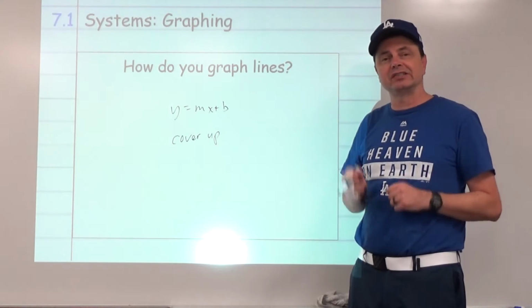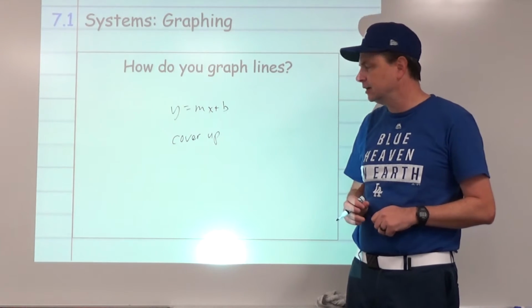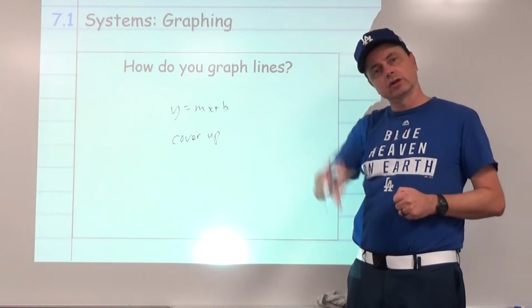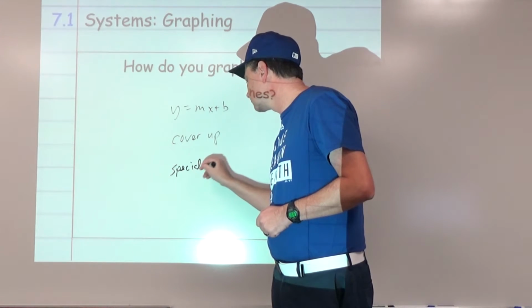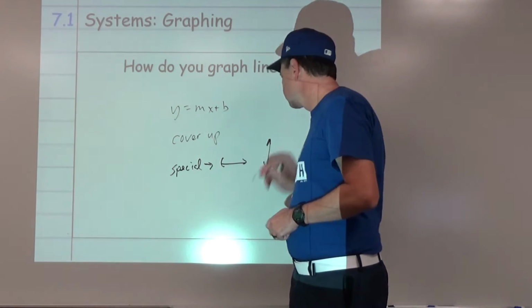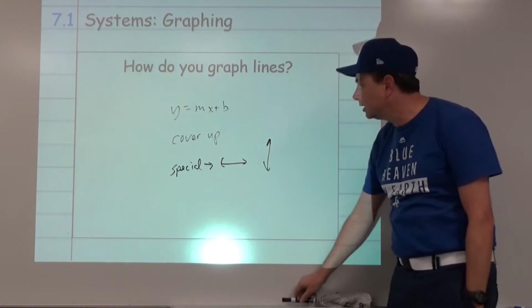Usually if the equation is in standard form, or the x's and the y's are both on the same side. And then we also had special lines. We had horizontal and vertical lines. Those are some of the different lines that we have graphed.